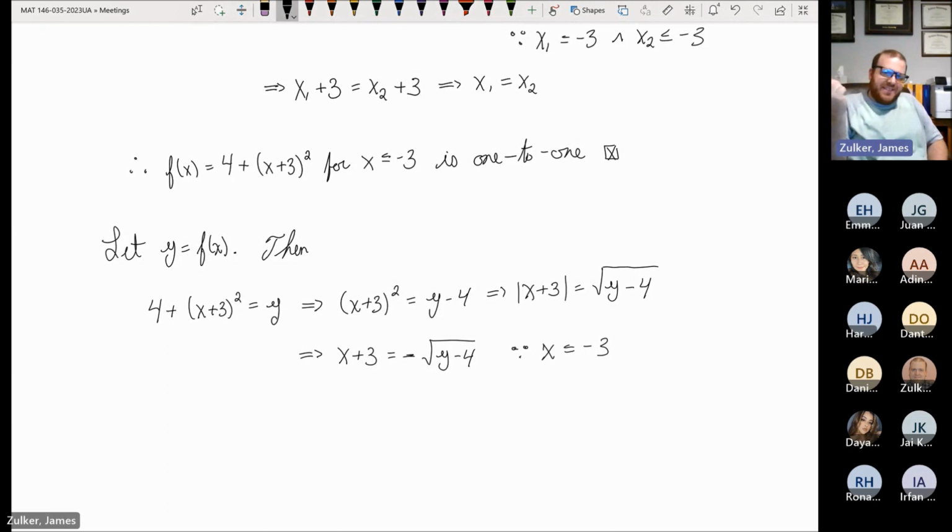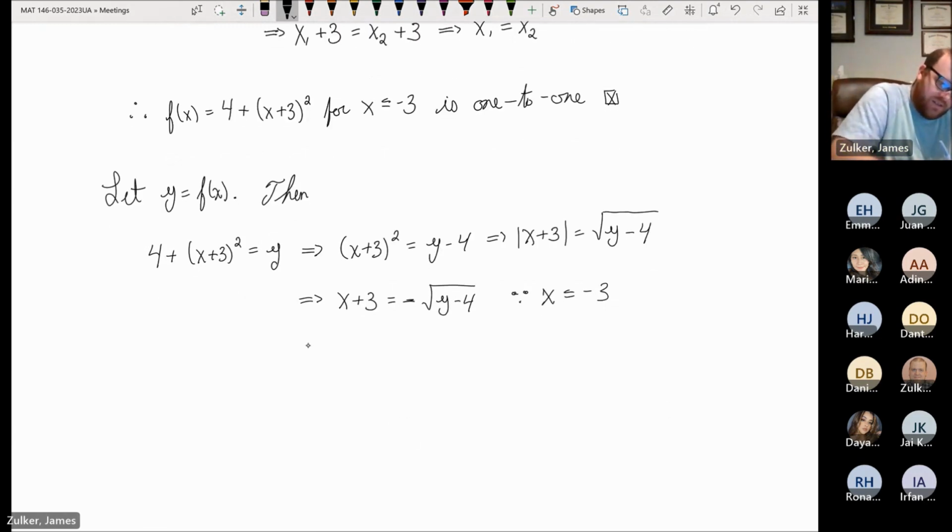So x plus 3 is less than or equal to 0. So its absolute value would give you the negative. All right, so we need to take the negative square root of y minus 4. Now subtract both sides by 3.